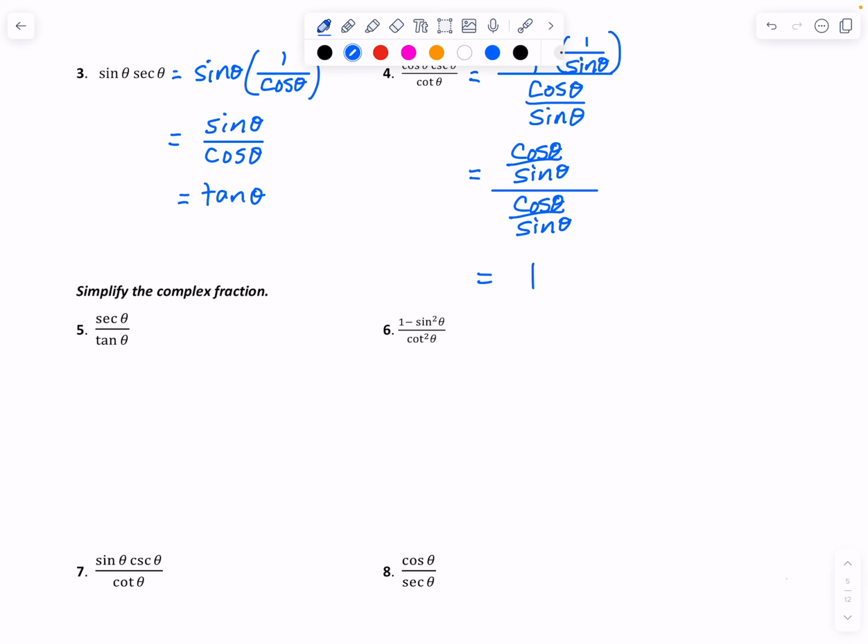So either way. Problem 5. I guess we could do division first if we would like. So I'm going to do secant theta divided by tangent theta. And then we can change these to sines and cosines. So it'd be 1 over cosine theta divided by tangent, which is sine theta divided by cosine theta.